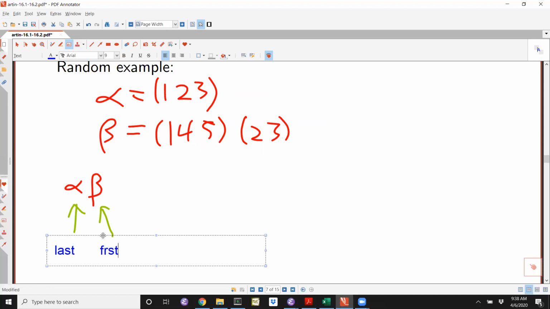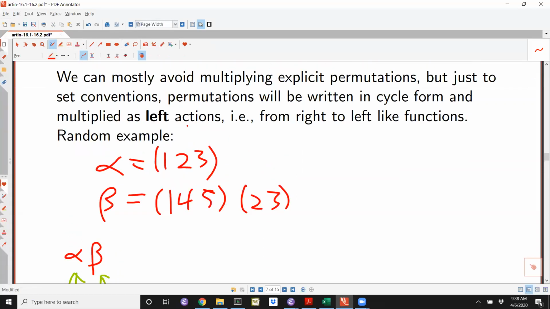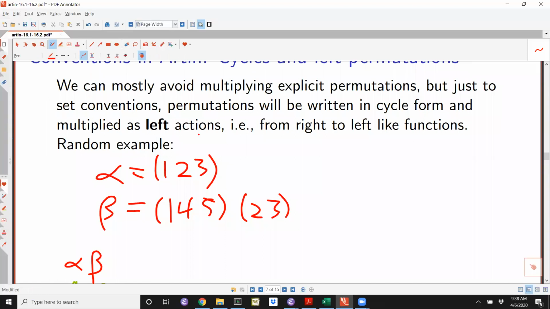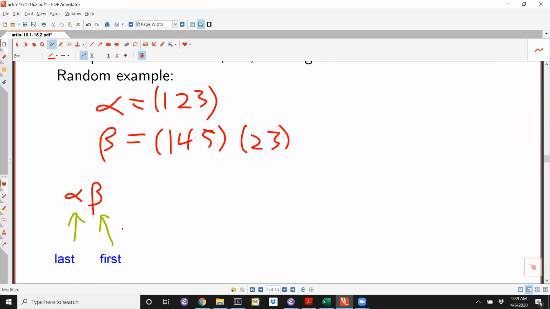The convention used in Artin, and I think most American textbooks, is the left action convention. Permutations are written in cycle form and multiplied as left actions. They're applied right to left, like you would apply functions. So alpha beta is really the composition of two bijections, alpha compose beta, which means you do beta first. All right, so let me talk this through.